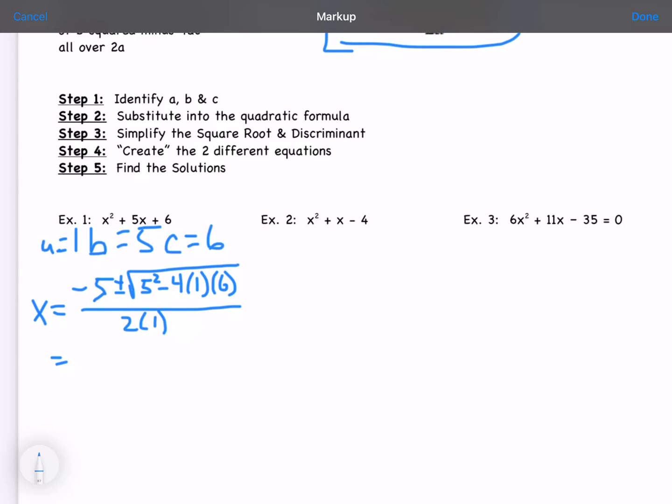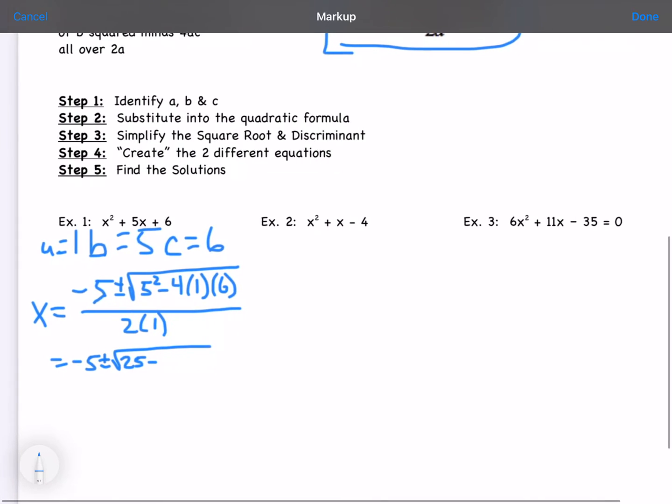So let's simplify. So we have negative 5 plus or minus the square root of 25 minus 4 times 6, which is 24, all over 2. So this becomes negative 5 plus or minus, what is the square root of 1? That's 1.